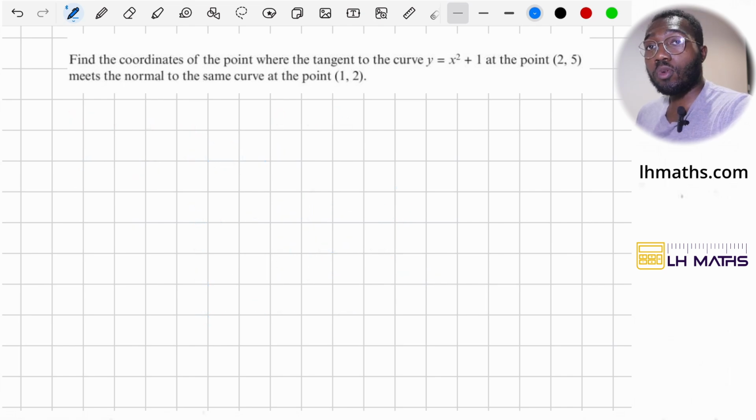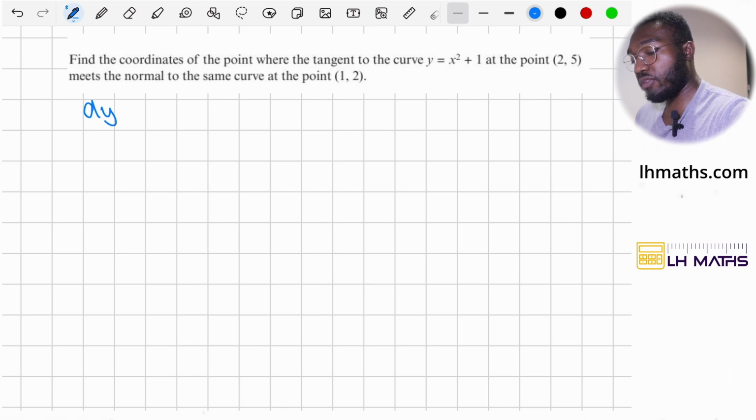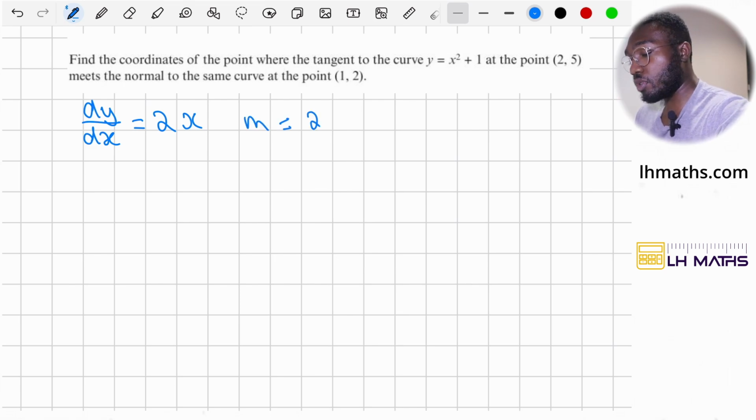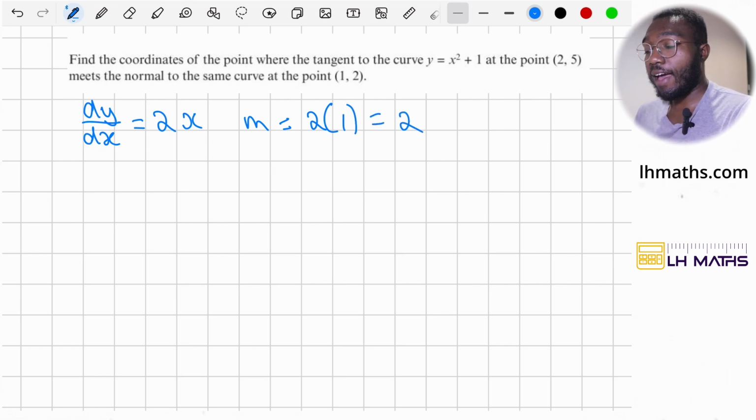For the normal, we know that if we differentiate x squared plus 1, we get 2x. But now, instead of putting 2 in, we put 1 in because it's at the point (1, 2). So m is 2 times 1, so the gradient at that point is 2. However, it's asking for the normal, which means we need the perpendicular gradient.